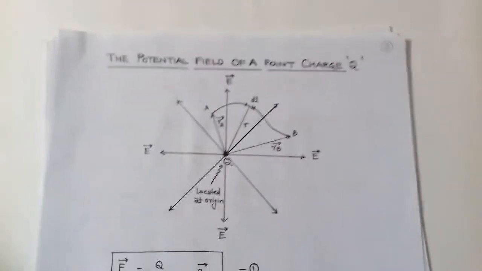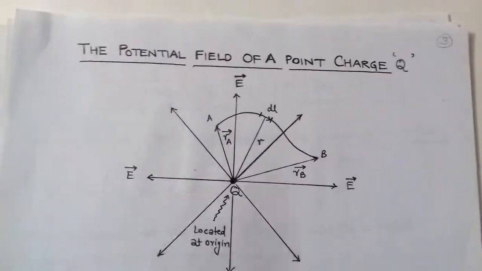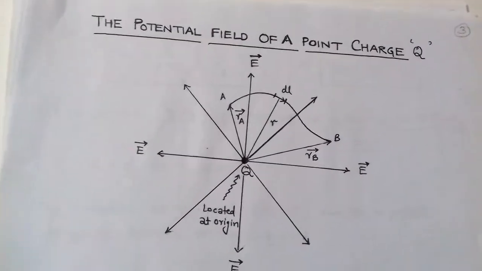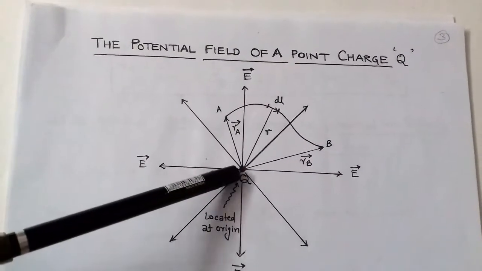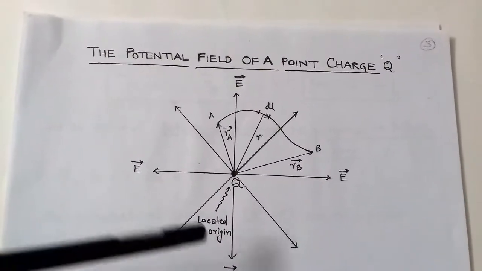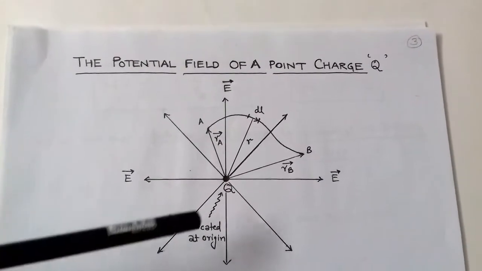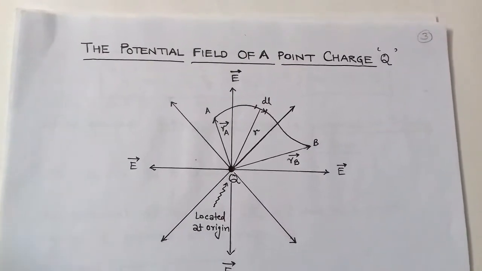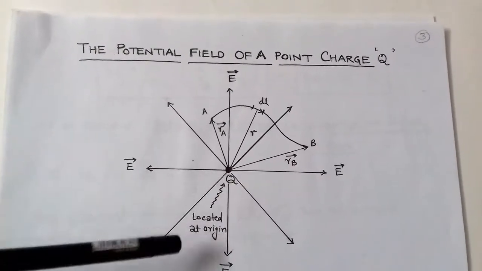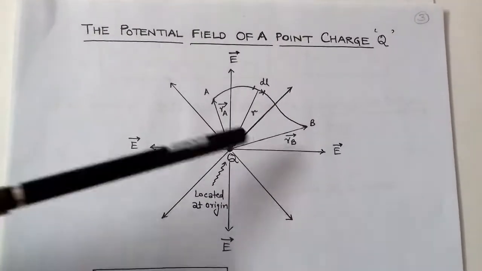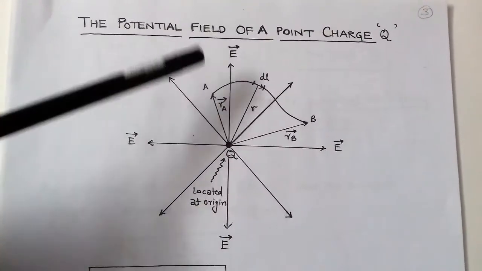The next topic is the potential field of a point charge capital Q. Here we consider a point charge Q situated at the origin. Since this charge is positive, the electric field originates from this point charge and terminates at infinity in all directions.